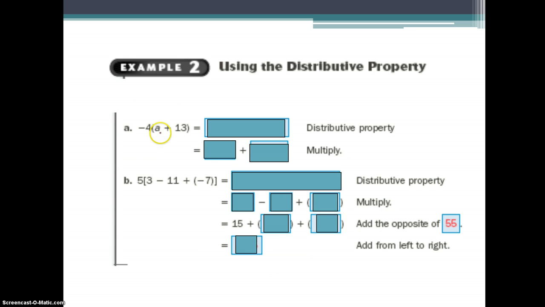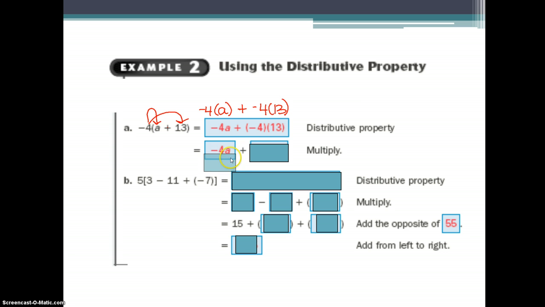So example 2, using the distributive property. Why we use it is because sometimes there's going to be a variable inside the parentheses. So we need to make sure that we can simplify it or solve it until we can't solve anymore. So there's negative 4 times a. We are passing out the negative 4 twice. Let's add that. Negative 4 again times 13. There are 2 numbers inside the parentheses, so there's going to be 2 negative 4's.